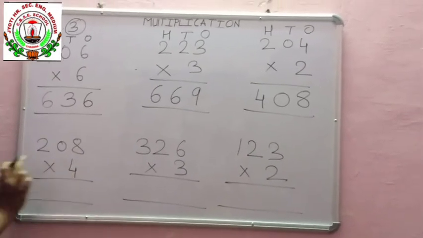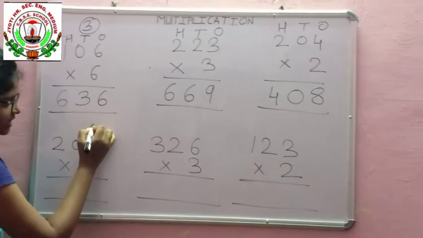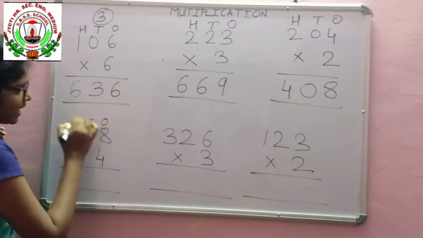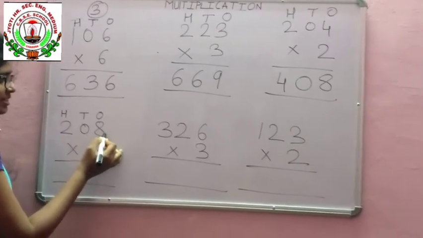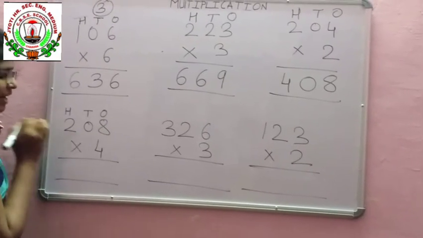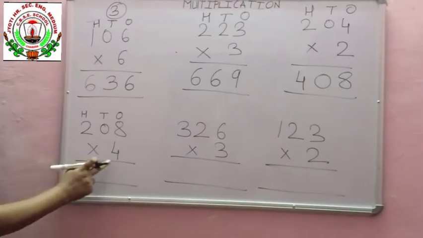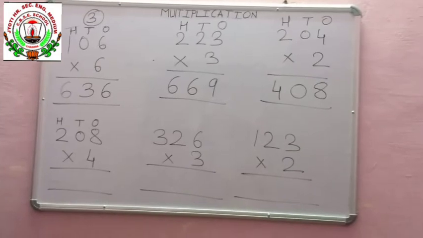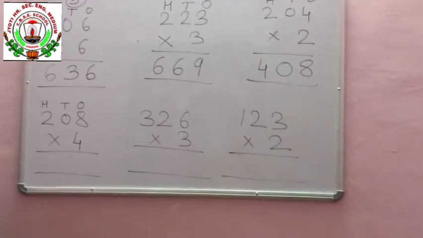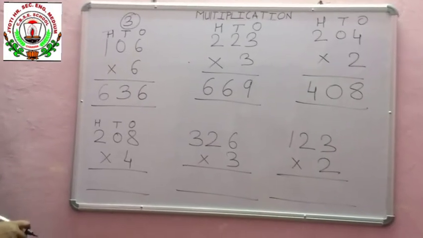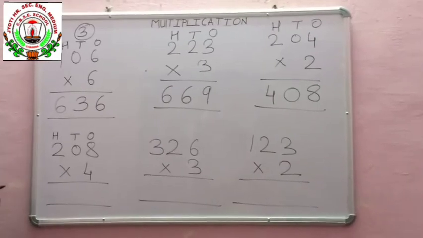208 into 4. So this is also a 3-digit number. So ones, tens and hundreds. Firstly we have to multiply the ones digit, then the tens digit, and then the hundreds digit. So 4 eights are, 4 ones are 4, 4 twos are 8, 4 threes are 12, 4 fours are 16, 4 fives are 20, 4 sixes are 24, 4 sevens are 28, 4 eights are 32.